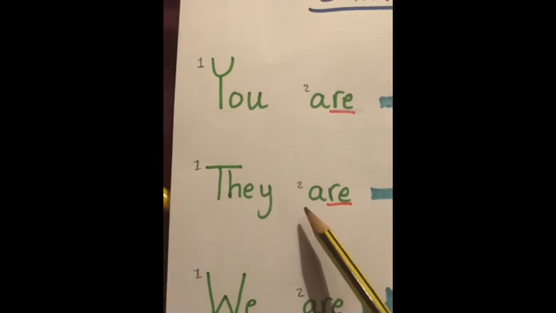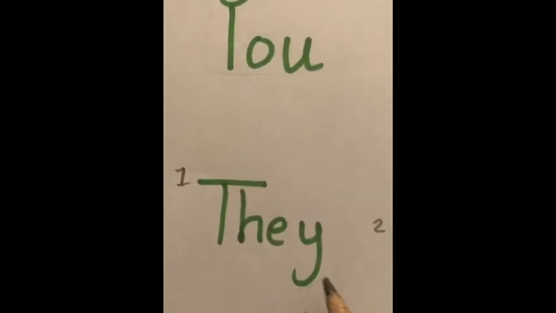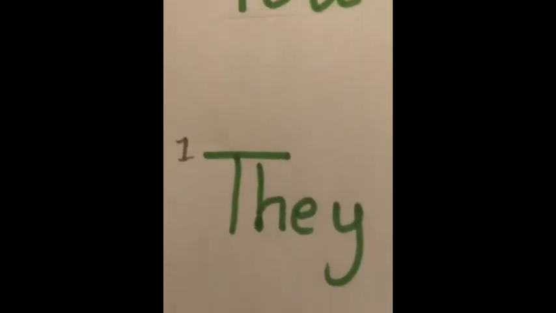Now here, they are. What do we do? The first word is they, okay? They. We write it as it is, they, okay? Now, after we put the first word, what do we put? We put an apostrophe, right? Apostrophe after writing the first word as it is, okay? We put an apostrophe.